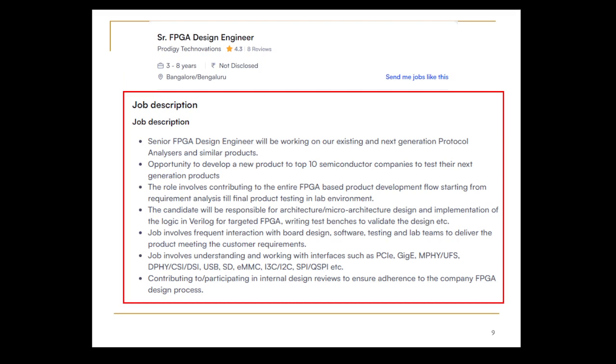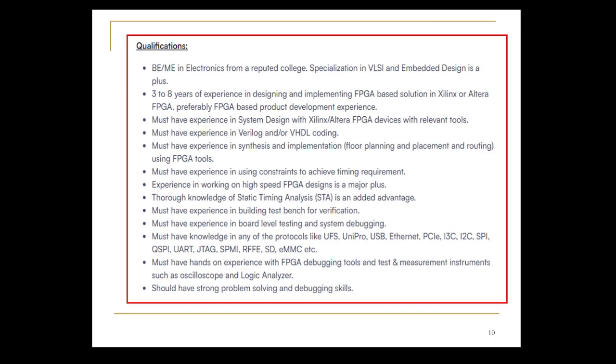The next position is senior FPGA design engineer with 3 to 8 years of experience. They require top 10 semiconductor companies to test their next generation products, and candidates need to know protocols like I2C, inter-integrated circuit, and SPI, serial peripheral interface. The qualification is listed out.